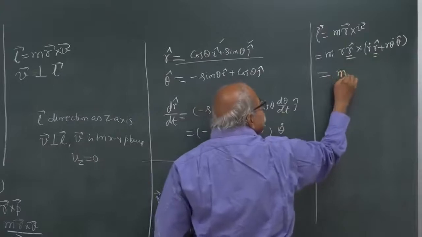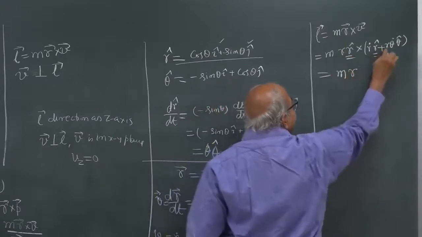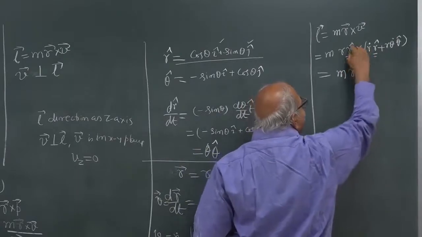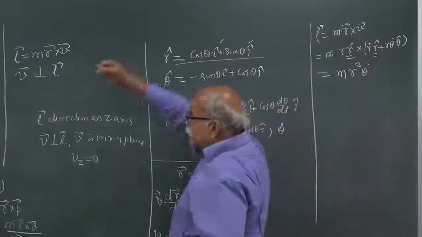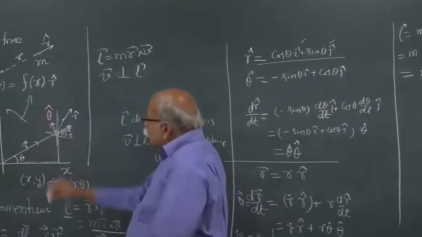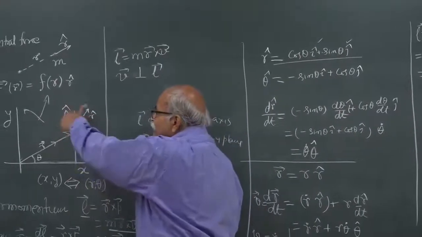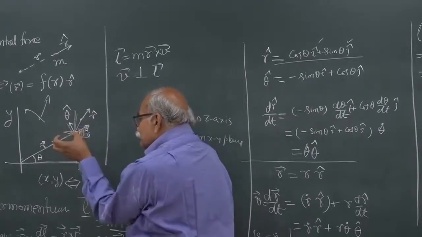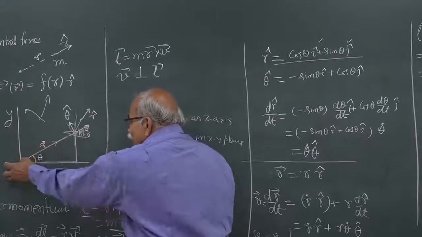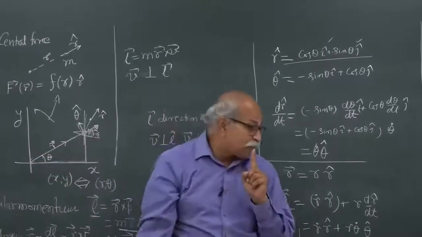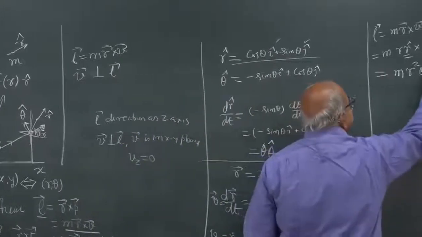So, it is m times r times r theta dot, r cap cross theta cap. Come back here. Here is r cap and here is theta cap. So, what is r cap cross theta cap? This is the unit vector in the perpendicular direction, and that is the z direction. So, this is k cap.